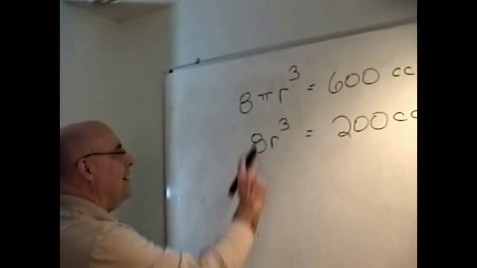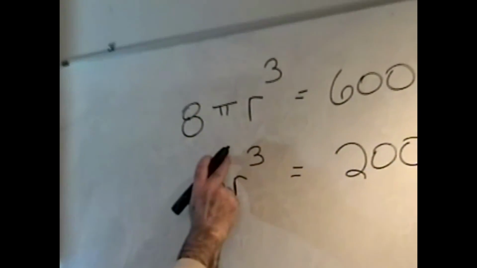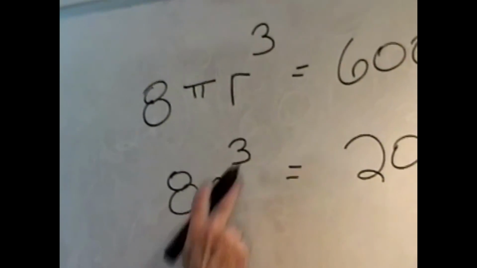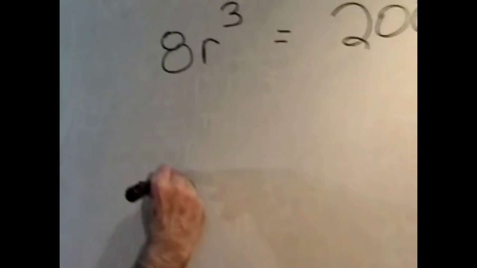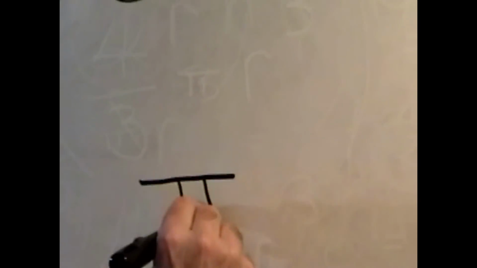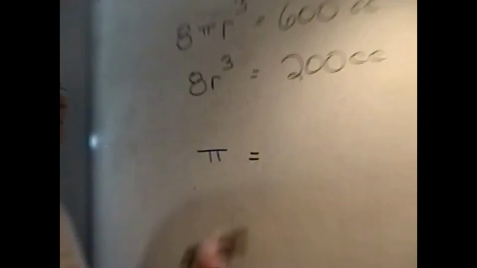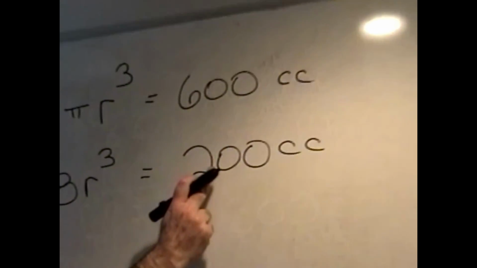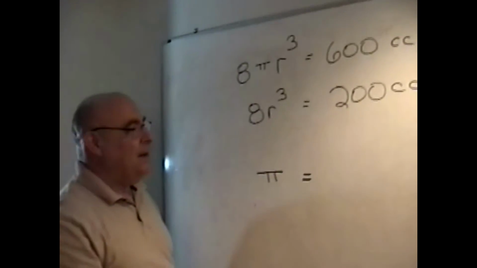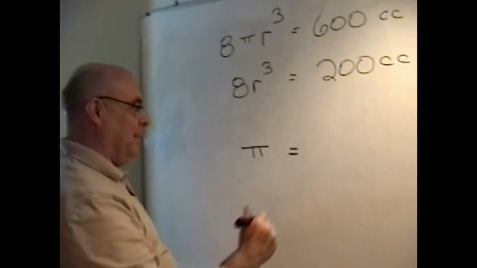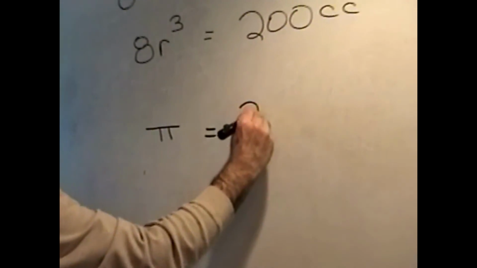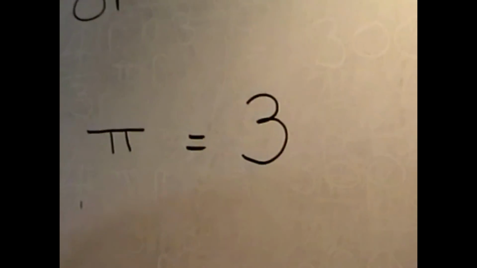Doing this, on the left side, 8 pi r cubed divided by 8r cubed is simply equal to pi. And on the other side, 600 cubic centimeters divided by 200 cubic centimeters equals 3.